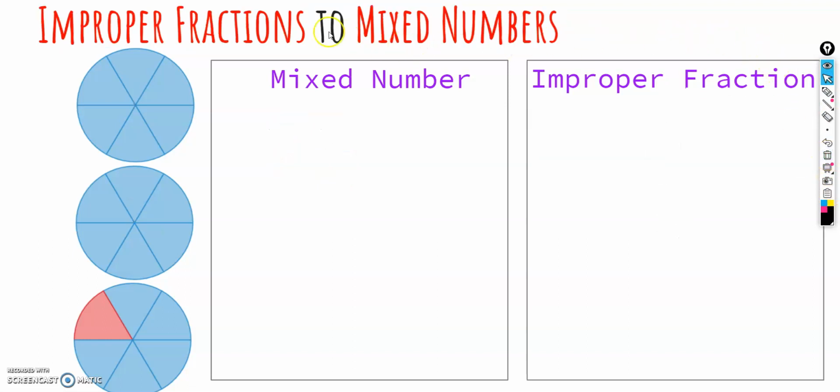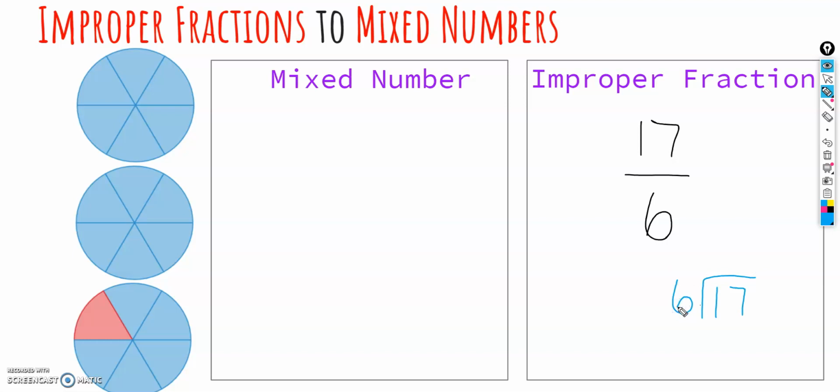Okay, this time we're going to go from an improper fraction to a mixed number. So we've already counted them, and we know that there are 17 sixths. Okay, so how are we going to convert that over? Well, this fraction bar right here is also a division sign. So you take 17 divided by 6.